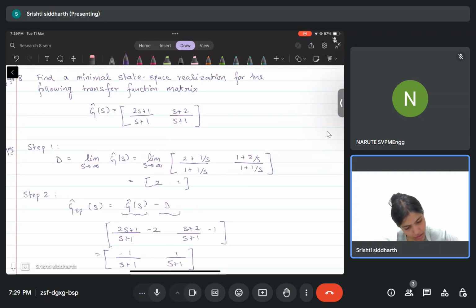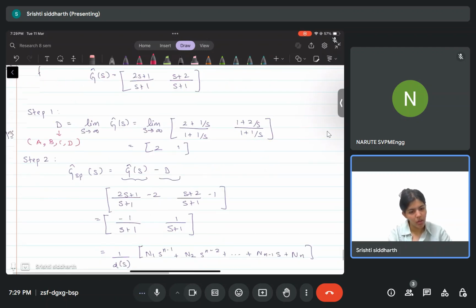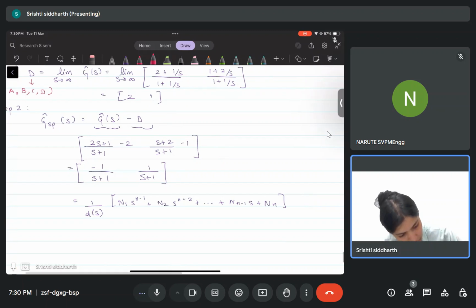So you can just see that this D is part of the system ABCD, which defines the system in a state space form. So we have found what D is. We have to find out what A, B, and C are. So this is actually C times sI minus A inverse B. So we have to find out what C is.